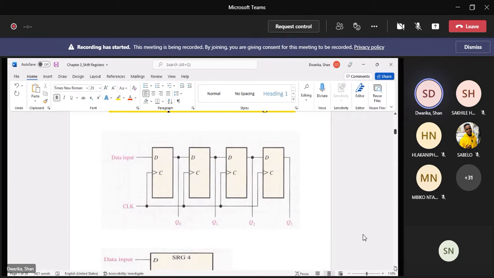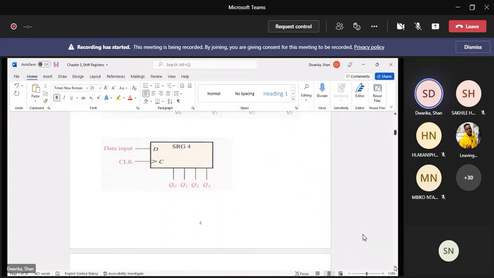The data is input serially, and at each successive stage the data is clocked from one flip-flop to the next. But to get the output in parallel, you simply tap off the outputs of the 4 flip-flops, as you can see there.